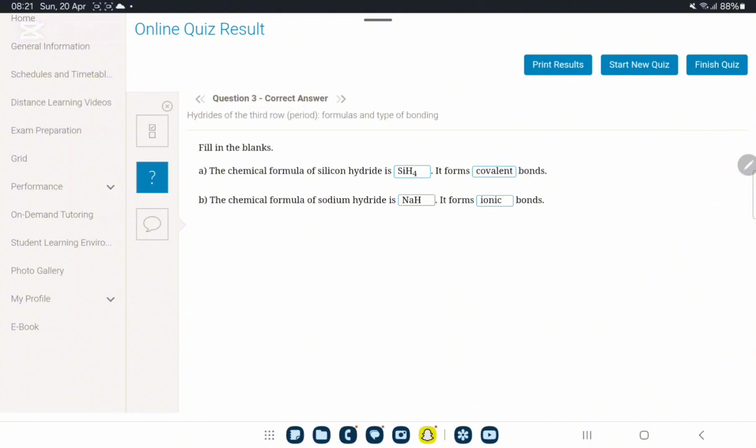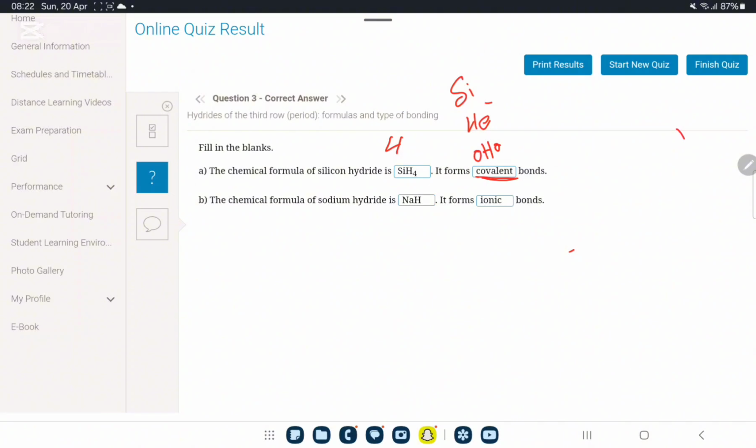Okay. The chemical formula of silicon hydride is, now we know silicon is in group 4. Group 4 only shares, and hydride, hydrogen, is a non-metal, so there is going to be a covalent bond. Silicon needs 4 electrons to be stable, and each hydrogen can only share 1 because it already has only 1. So it can only share 1 because it also needs 1.